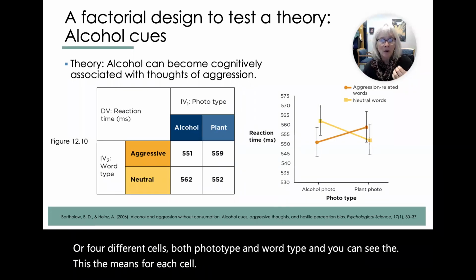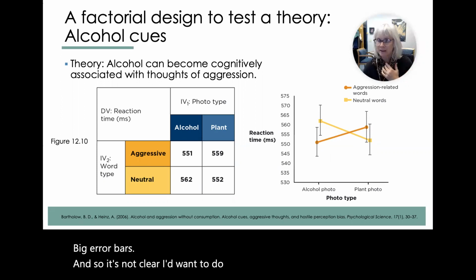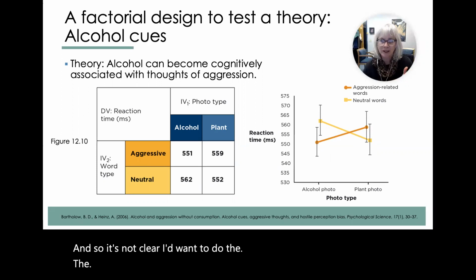And we have here a crossover interaction. You see that there is a crossing here, with a lot of overlap, though. So big error bars. And so it's not clear. I'd want to do the statistical test to determine whether, in fact, they are significantly different.